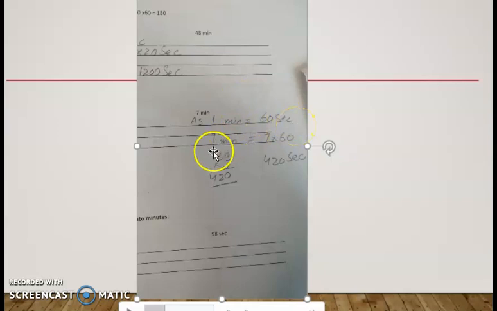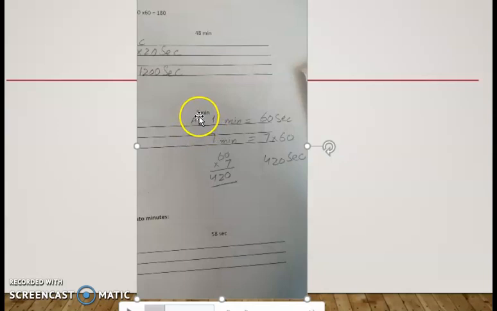So every number which comes here, I have to multiply by 60. If there are 48 minutes to convert into seconds, I will multiply 48 by 60. If there are 42 minutes, I will do 42 multiplied by 60. If there are 8 minutes, I will do 8 times 60.